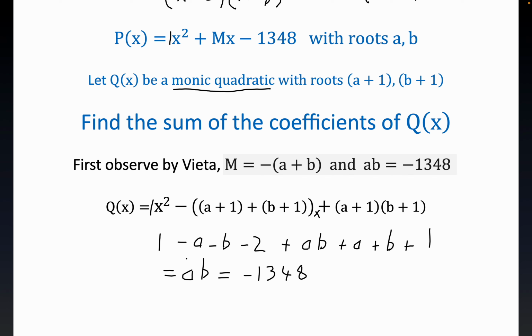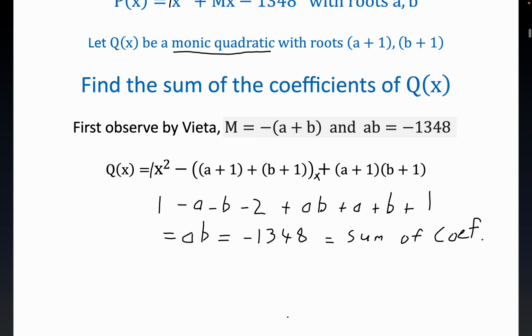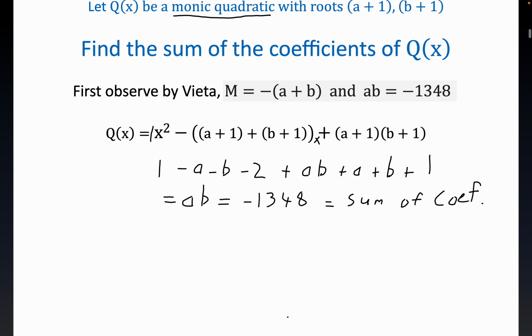This is the sum of the coefficients, right? I'll abbreviate coefficient as COEF. So we're done with the problem, but let's work with another concrete example just to show you how this works out all the time.